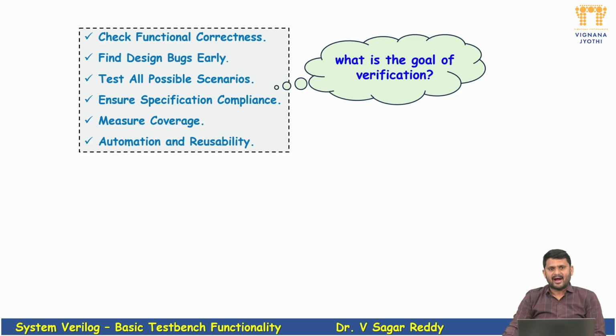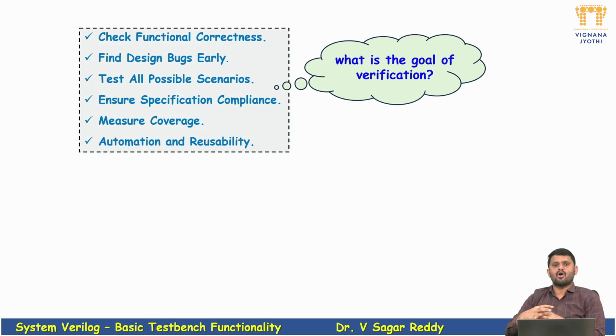The second goal is to find design bugs early. Once the design goes for fabrication, it becomes very expensive and time consuming to fix any mistake. Verification helps us find the bugs early in simulation, saving both time and cost.